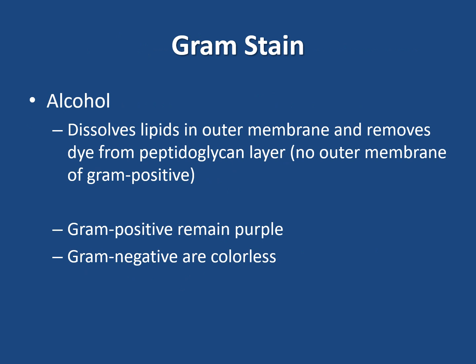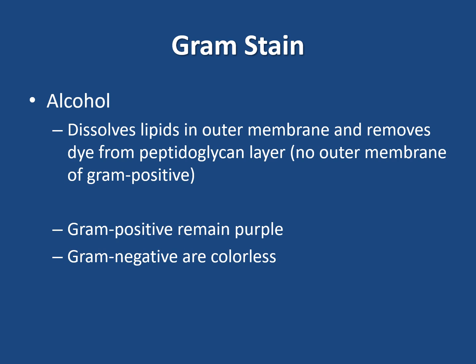So that alcohol dissolves lipids that are in the membrane. The gram-positive bacteria do not have this outer membrane, so there's nothing to dissolve there. Instead, it dehydrates the peptidoglycan layer, making it tighter and holding those crystals in.